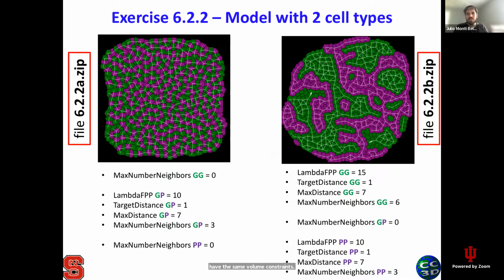The only thing you're changing is the links. And with only that, it's already enough to get a very drastic difference by just making appropriate choices of the FPP link parameters.